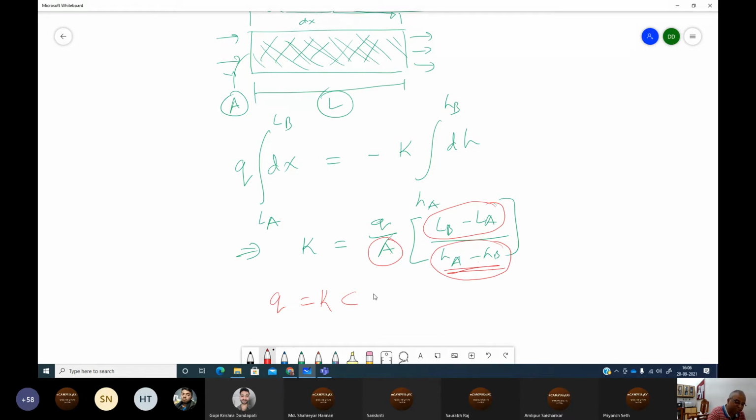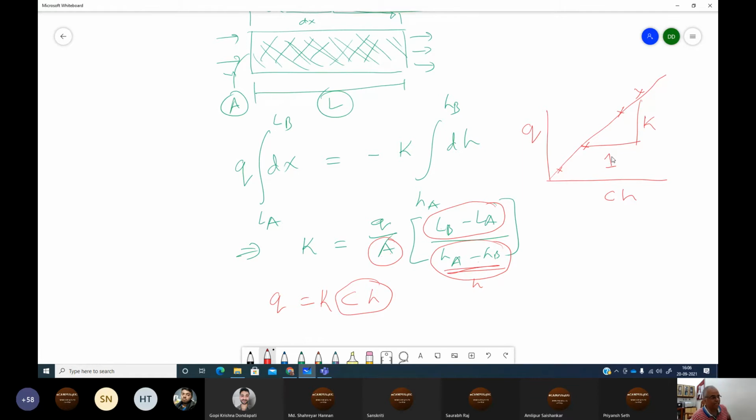Let's say this is some H. Now if I plot H here and Q right here, then I will see a straight line going like this, and the slope of this is my K.